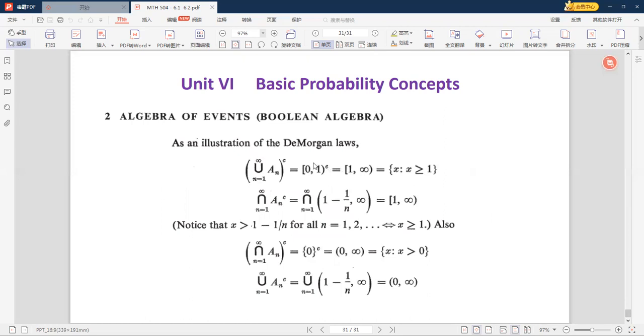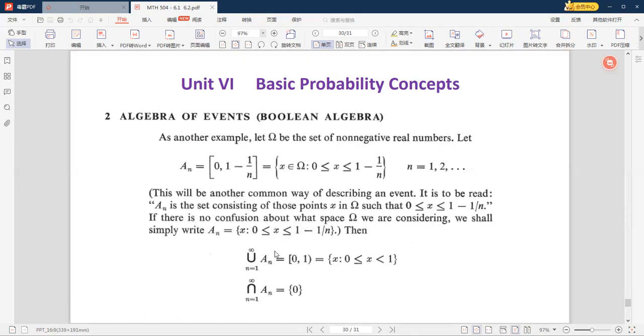Well, you can use the De Morgan's law we talked about before. Let's just do the complement of the union of A_n first. We already got the union of A_n to be the half closed, half open interval from 0 to 1.